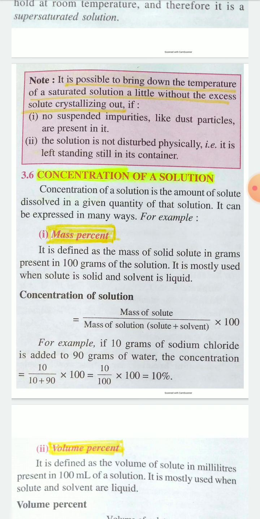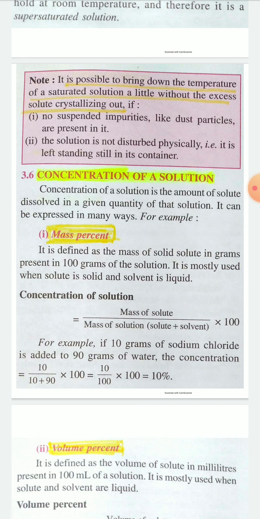This term is used when the solute is in solid state and the solvent is liquid. If 100 gram of solution contains 25 gram of a solute, then the concentration is 25%.